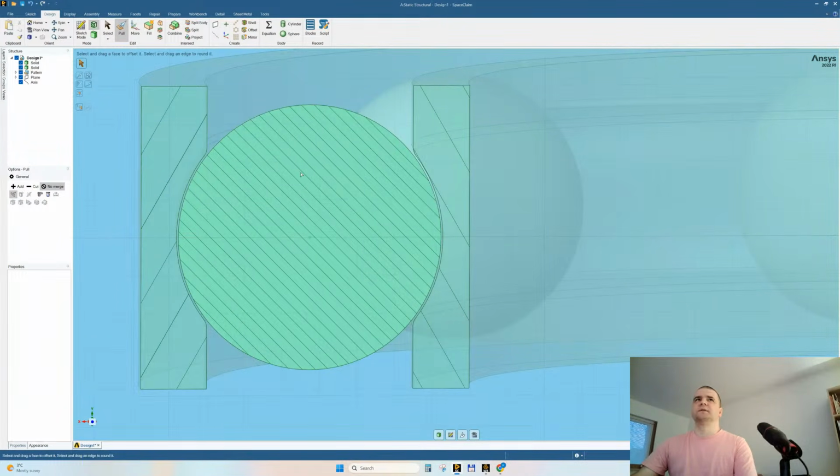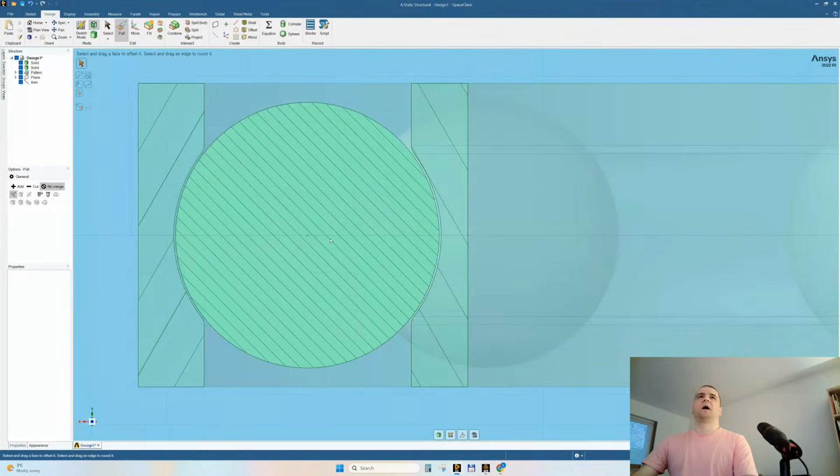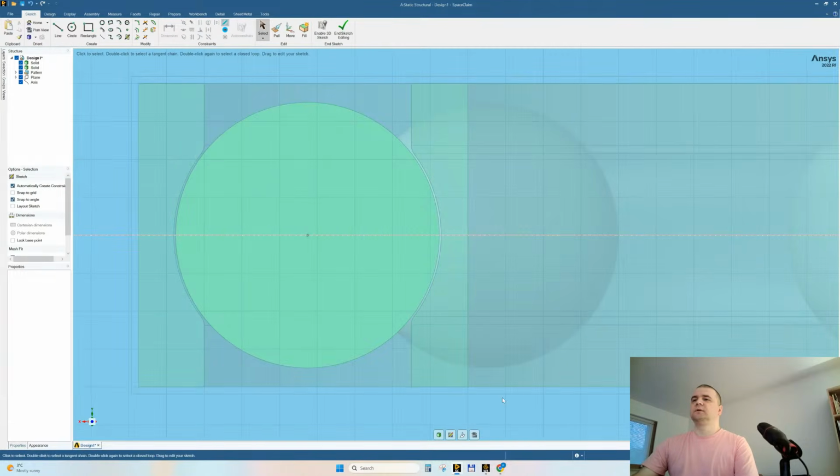Let's create the cage. So I assume we're in section view, but we're not. Let's click sketch mode. Yes.